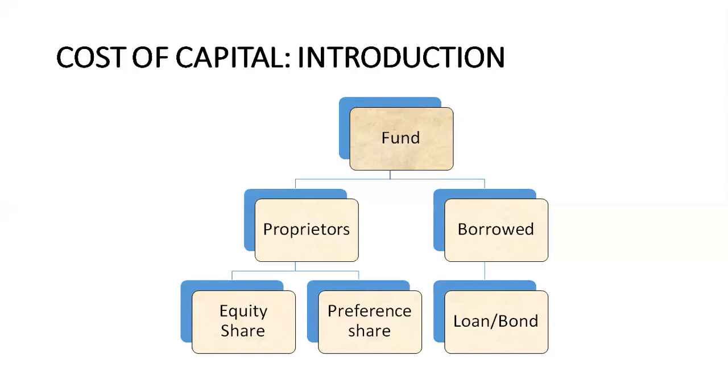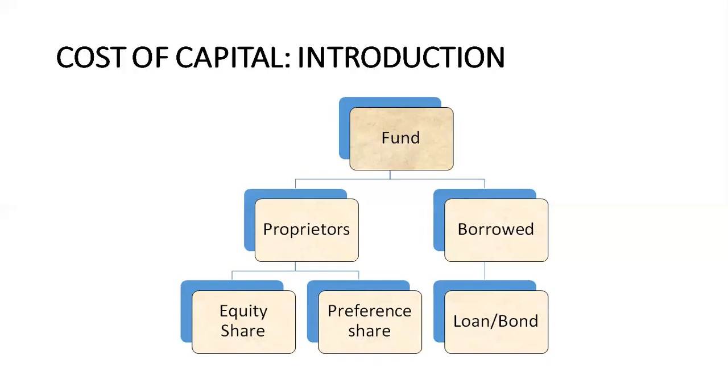So whatever fund the owners are contributing is known as proprietors fund. The term borrowed clearly indicates that it is the money that the company is taking on loan. It is repayable after a certain maturity period. That is why it is called borrowed capital.